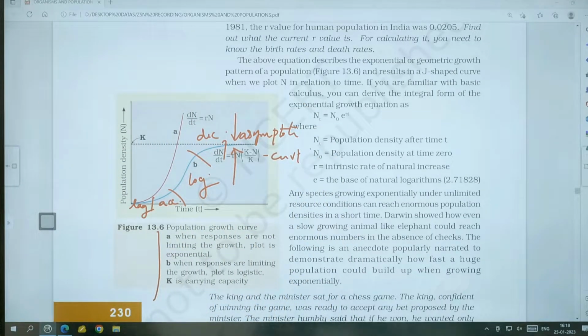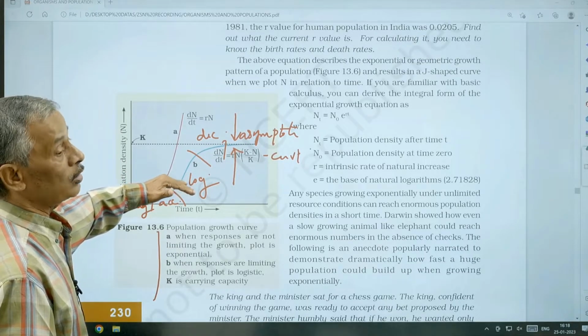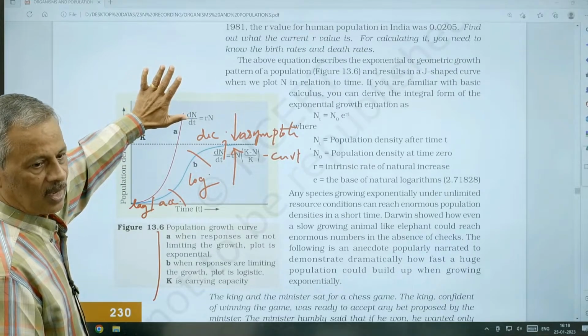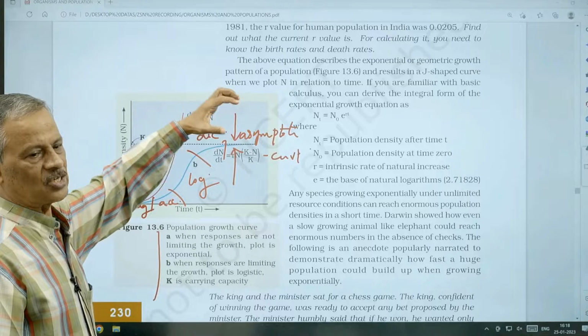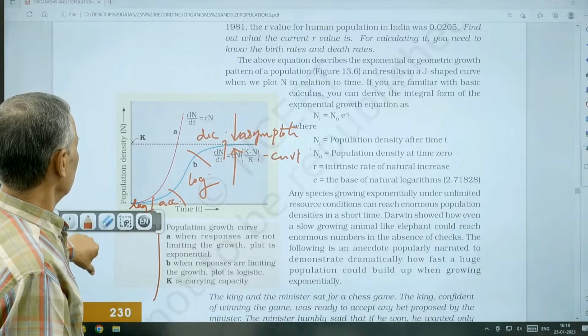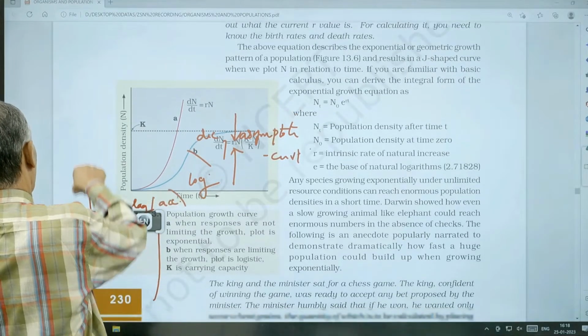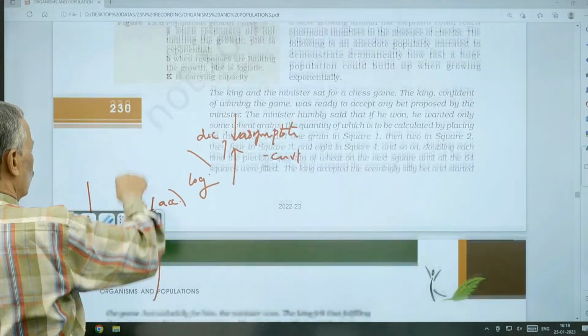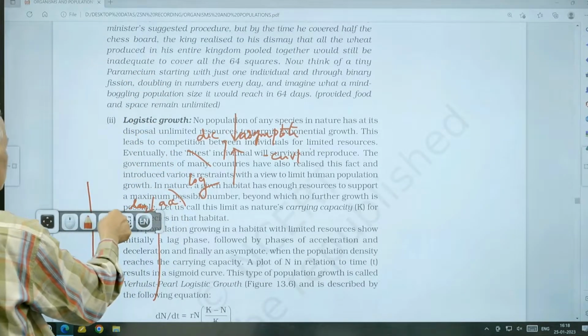So, in all natural populations, growth is not continuous. After growth, it becomes stable. That stable level is called the carrying capacity. This occurs in all natural populations, and this is called the Verhulst-Pearl logistic curve.